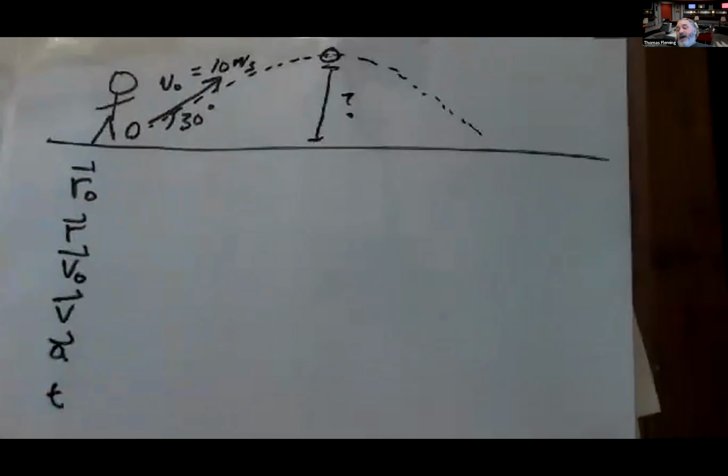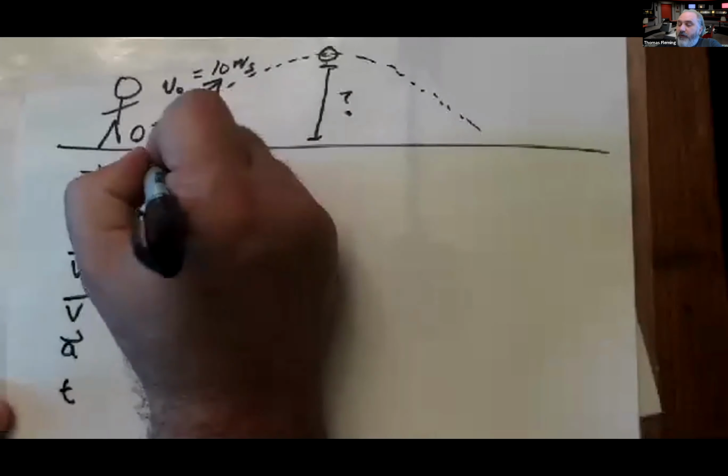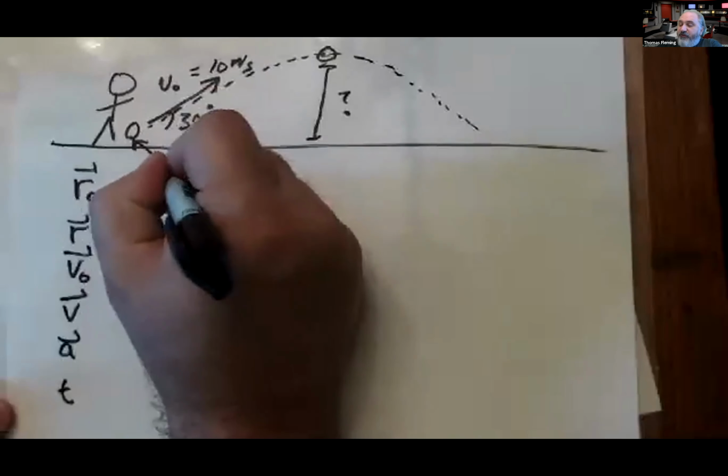So I've got to choose a coordinate system. Somewhere on this picture, I have to call the origin. And before, in one dimension, we were always choosing where x equals 0. Here, I've got to choose where y equals 0 also. And I kind of like having my ball start at the origin. I'm going to call this location 0, 0.